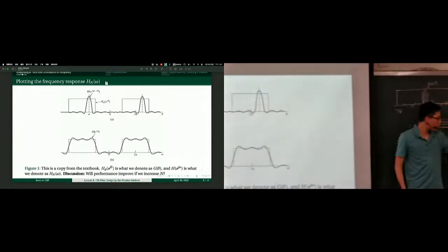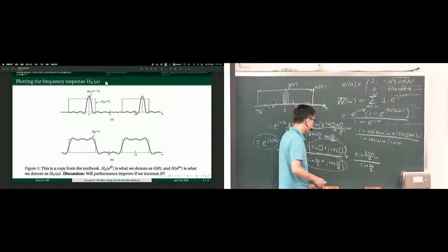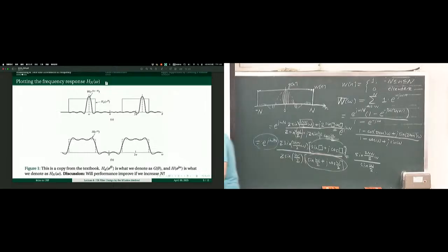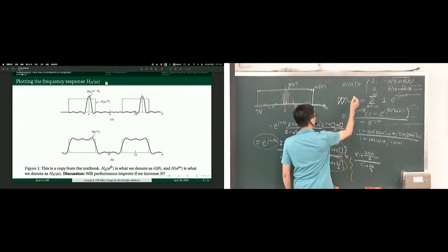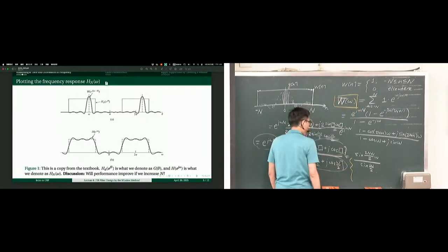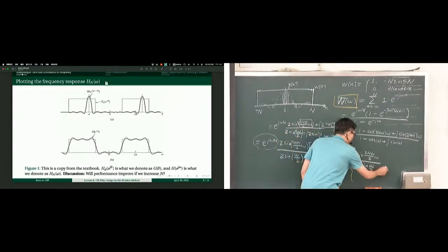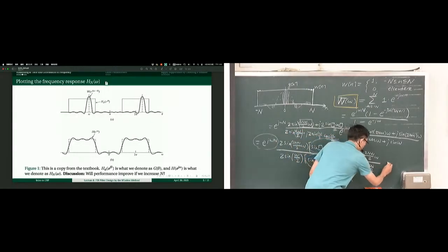When omega approaches 0, we know that we have 2 cases. So its Fourier transform is going to have this sine over sine notation when omega is not 0.